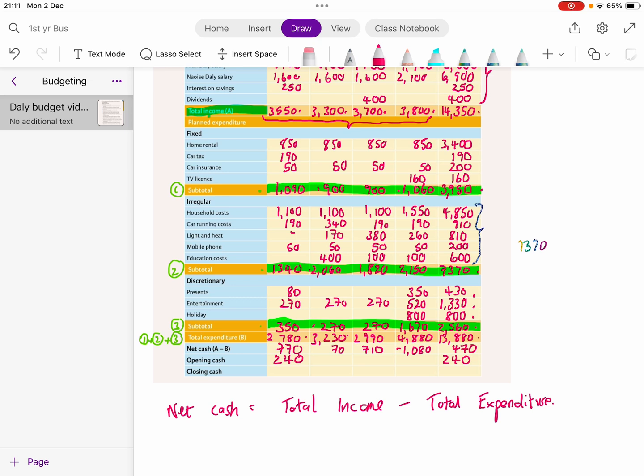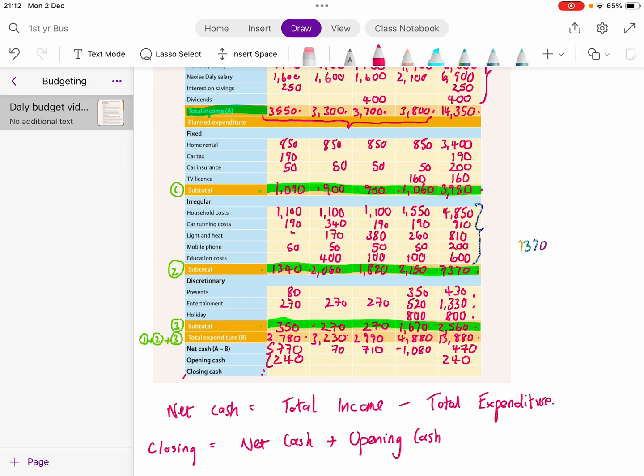So the two things I need to know at this point is that to get my closing cash, which is this one here, closing cash equals net cash plus opening cash. That's essentially, I'm going to add those two together to give me this.